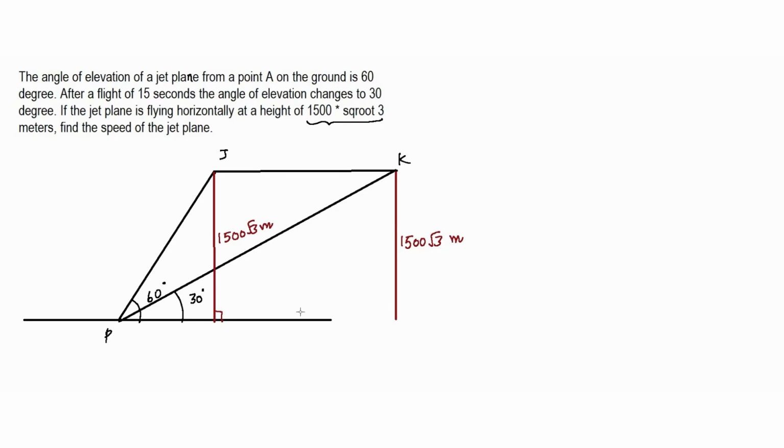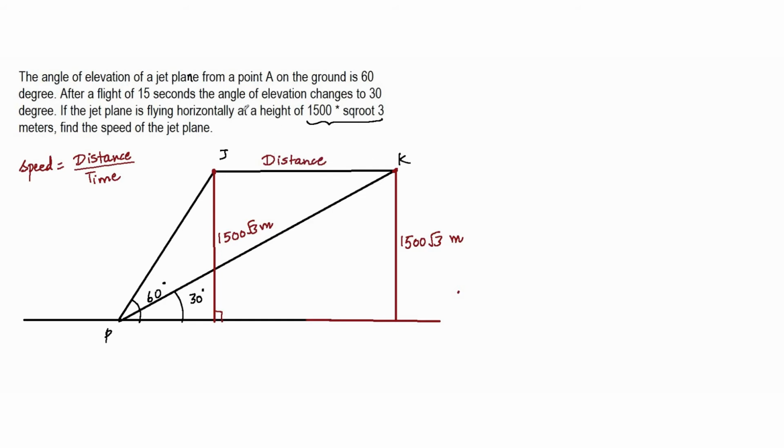So now I need to find the speed of this particular jet. Now of course I can find the speed. I know that the speed is given by, speed is going to be distance upon time. Speed is distance upon time. And the distance that the jet plane covers is actually the line segment JK, right?